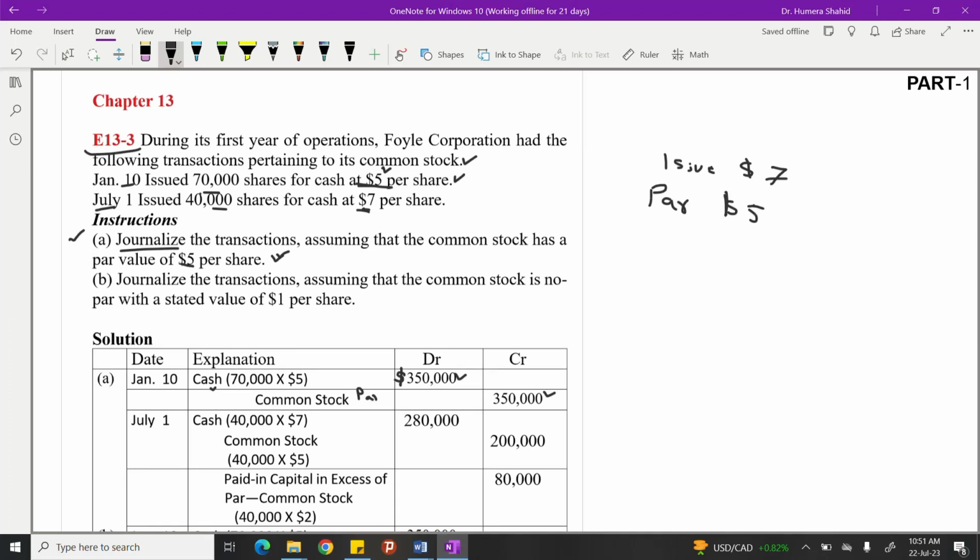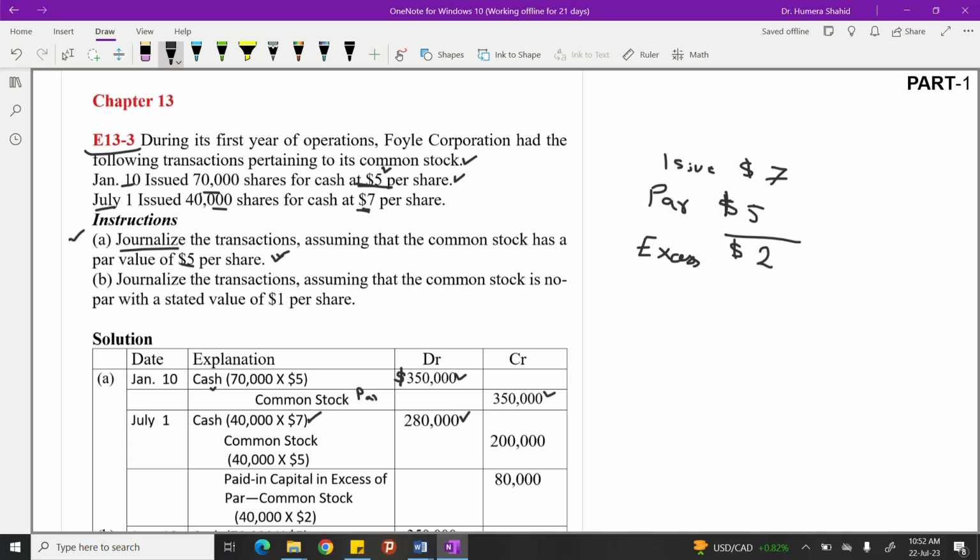So how much extra are we charging from the stockholders? $2 extra, $2 excess we are charging for each share, right? So let's try to record this transaction. 40,000 shares were issued. For each share, the company has charged $7, so 280,000.